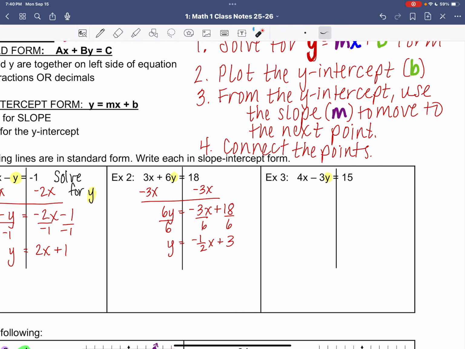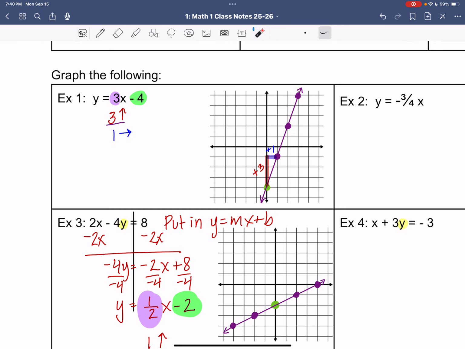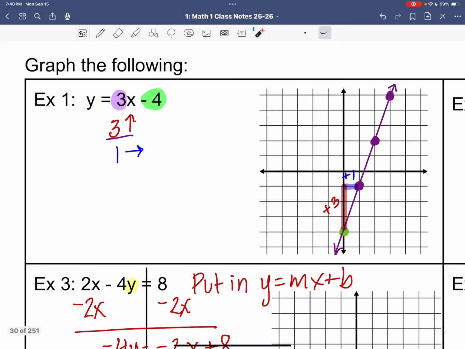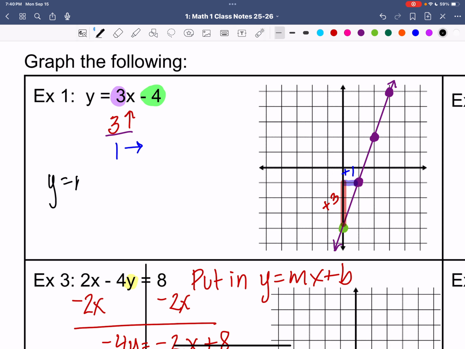All right, I want you to try this one. And then we're going to work on graphing. All right, so when you're doing this, your graph is going to tell you what to do. You want to begin, I'm going to write this here, at your y-intercept.